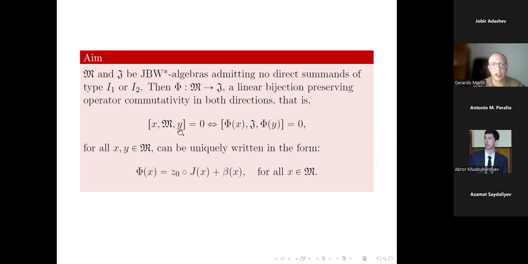This is like when x and y operator commute in M, then this only happens if and only if the images operator commute in J. So in that case, we want to prove that phi can be written in these terms. Well, z sub 0 is a central invertible element in J, J, in this case, is a Jordan isomorphism, and beta is a linear mapping.